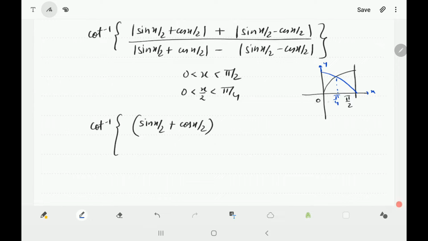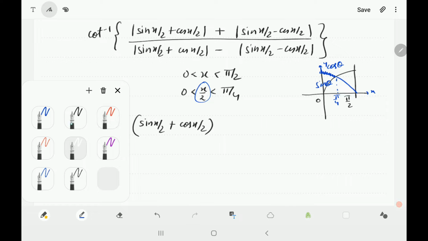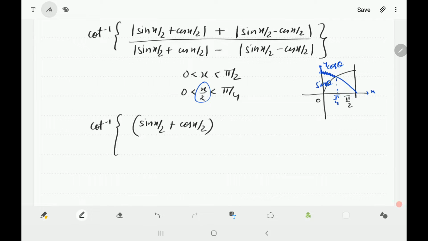So from 0 to pi by 4, if you see x by 2, it is from 0 to pi by 4. From 0 to pi by 4, cos theta is greater than sin theta. So if you see this term sin x by 2 minus cos x by 2, it will be negative, because x by 2 is from 0 to pi by 4, so sin x by 2 is less than cos x by 2. So sin minus cos will be negative, so this mod will be opening up as cos x by 2 minus sin x by 2.